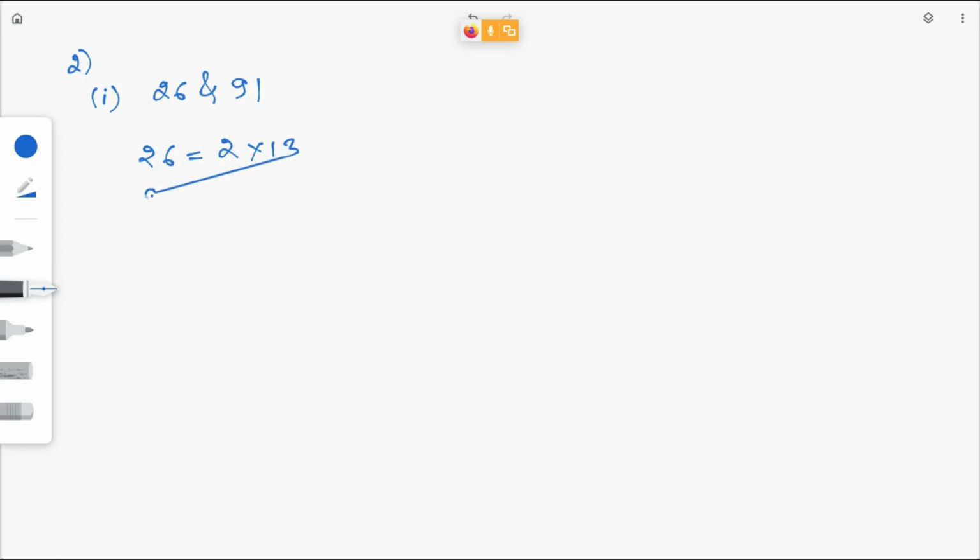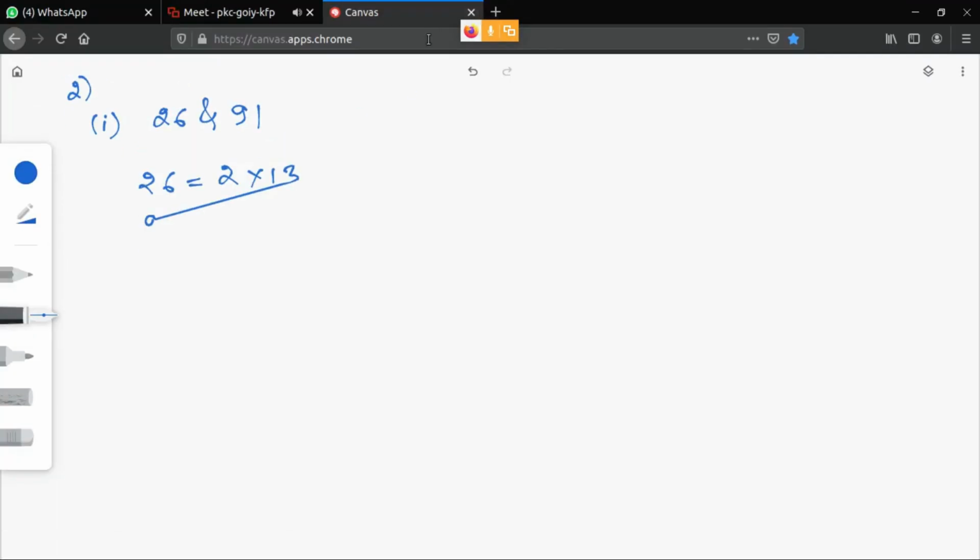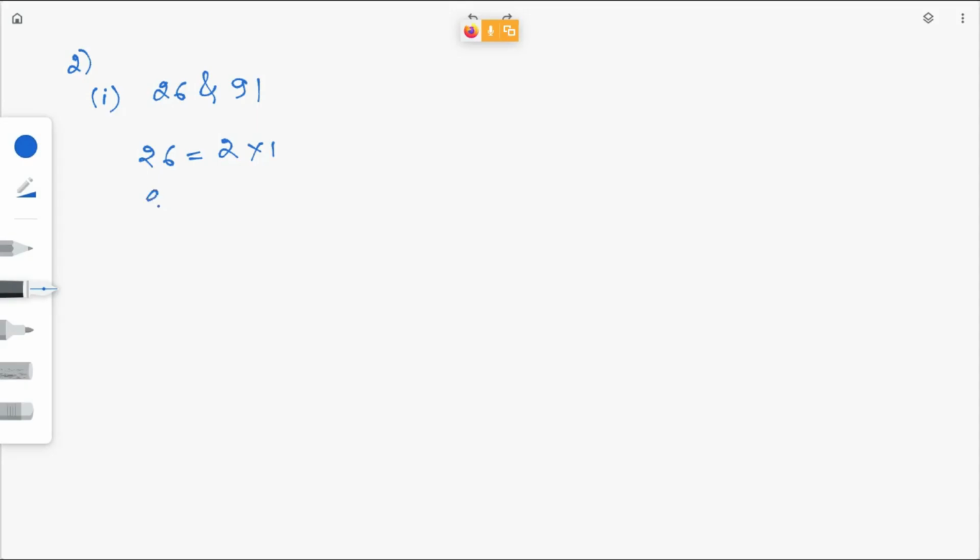What about 91? 7 into 13. So these are the factors. HCF.